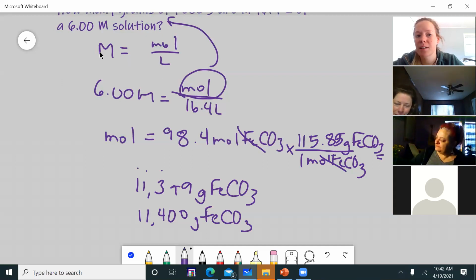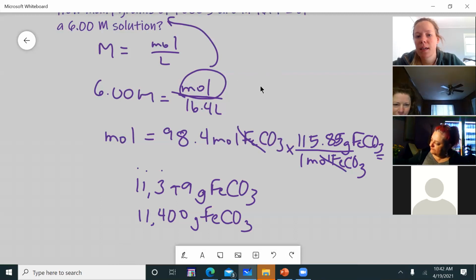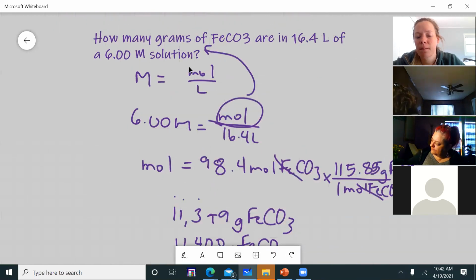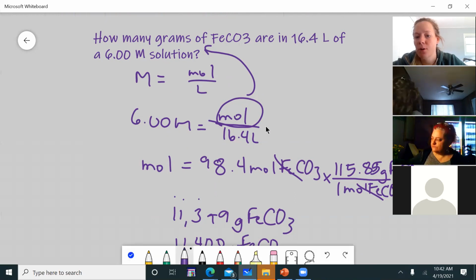So this is a very basic 1, 2, 3 equation. If I want to figure out something about grams, the only thing in this equation that could get me to grams would be the mole, right? Mole and gram are sort of interchangeable. I have the information on the other 2 variables, so I just literally plug it in. If I want to get moles by itself, what do I need to do?